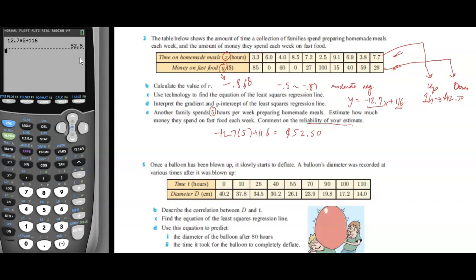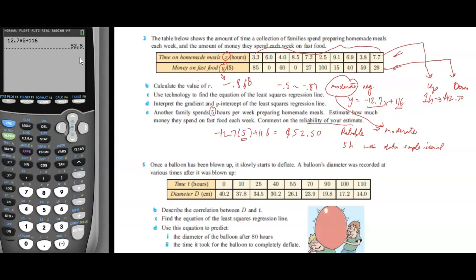I would say it's reliable, and there's 2 reasons for that. Number 1, we have a moderate R value. Our correlation is moderate, so that means it's pretty good. The other thing we can say is that the 5 hours is within our data sample interval.